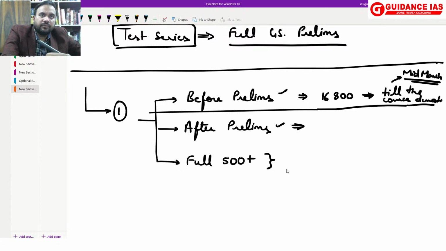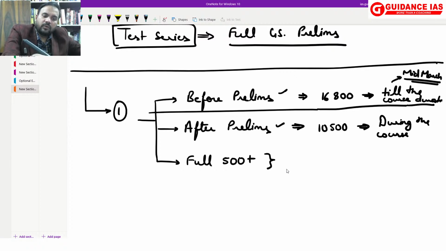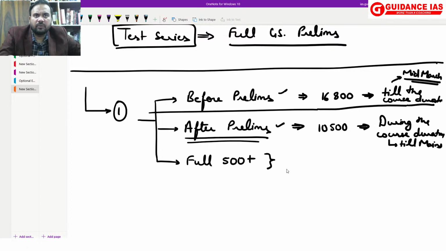After prelims, the fees is I think 10,500, and here it would be during the course duration. That means videos will be available till mains, and because it is only starting after prelims, that means around 2.5 months.